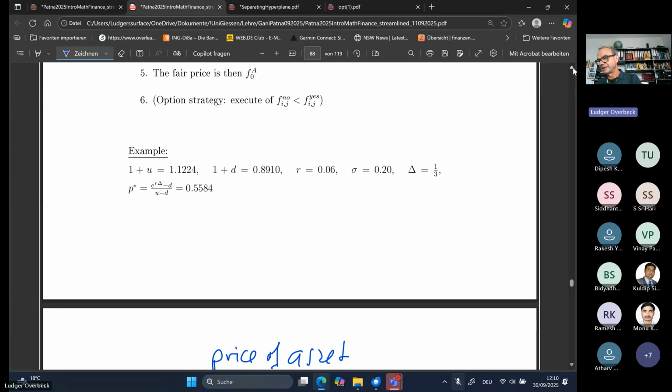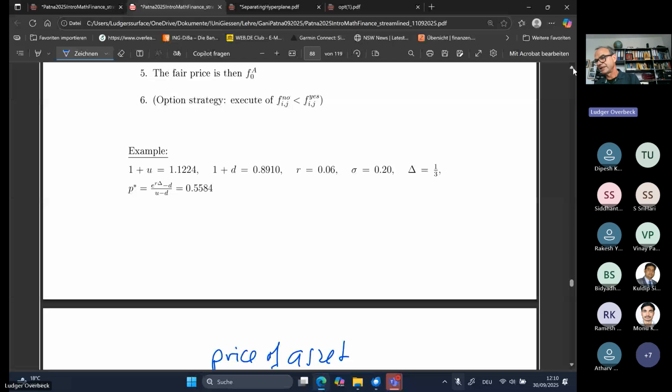Up is e to the power sigma. Sigma is 20%, and that's a reasonable assumption, the yearly volatility is actually 20%. So let's say that's 3 years. That's okay, that's a 3-year option.